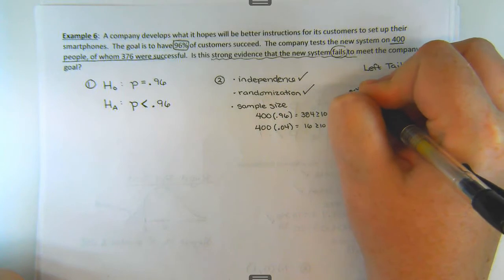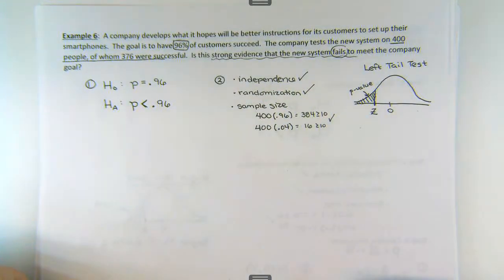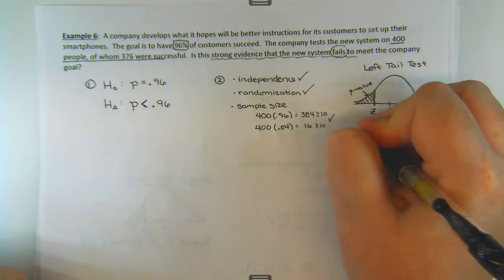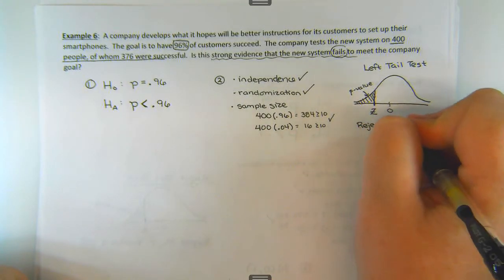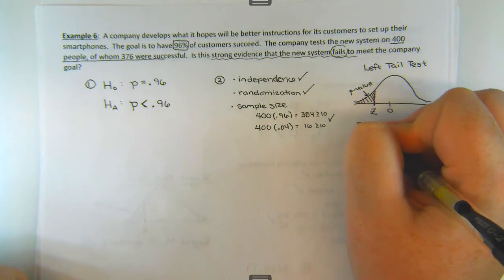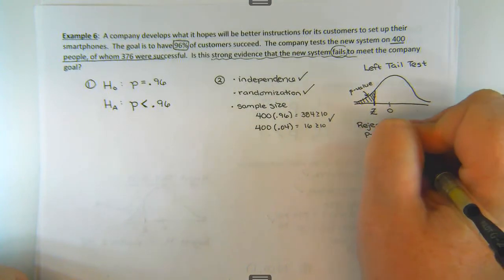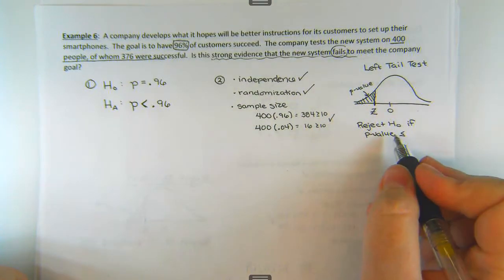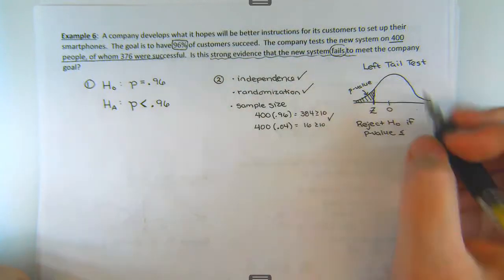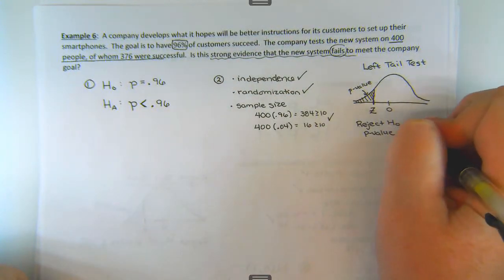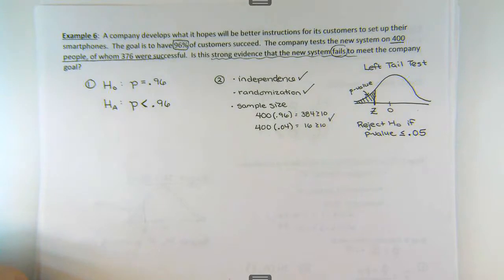So this gives us an idea of where our p-value is coming through. And then our rejection rule is that we're going to reject the null hypothesis if our p-value is small. And for it to be small, we look for a significance level, but they didn't state anything, so we just use 0.05.